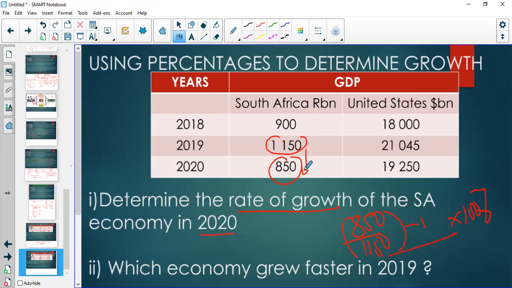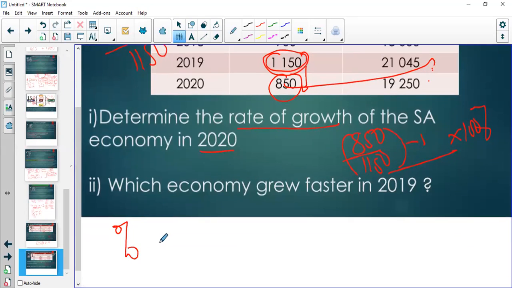Or we can start by saying the new value, which is 850, minus the old value, which is 1150, over the old value, which is 1150. And you see that the answer is going to be negative because there was a contraction of the economy. So basically, that's how you determine a percentage change or a rate of growth.